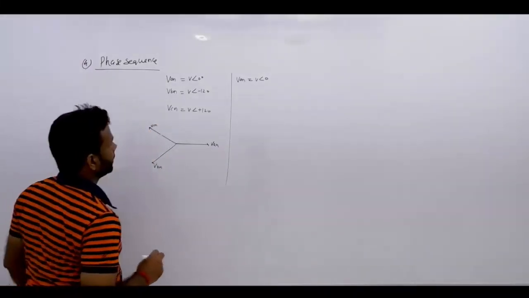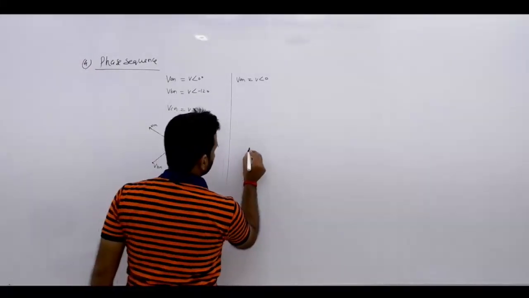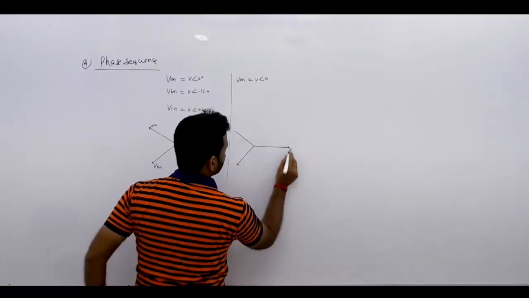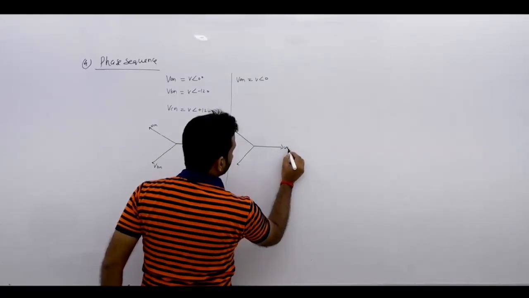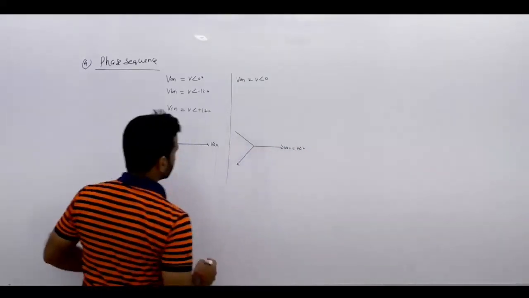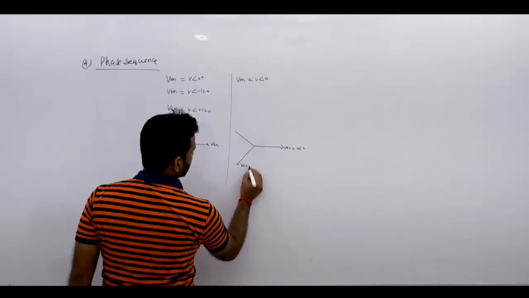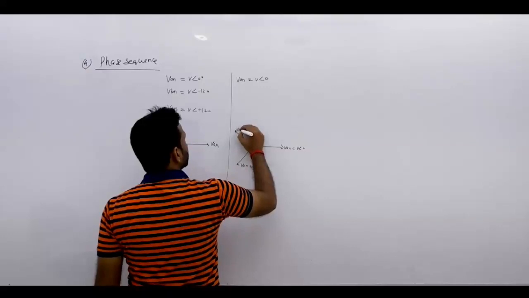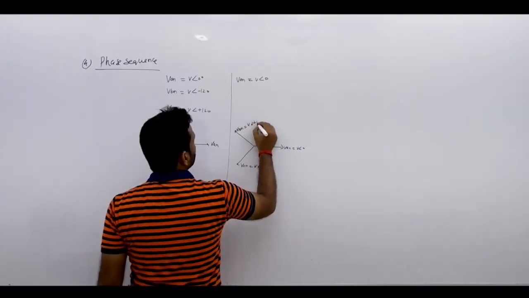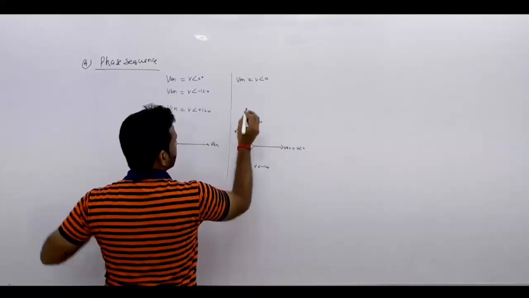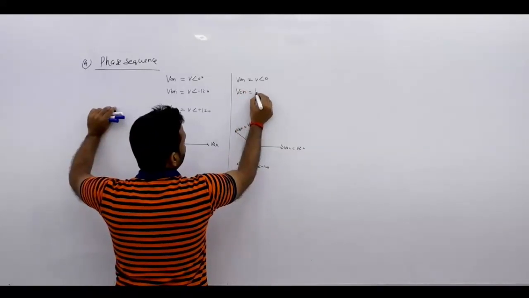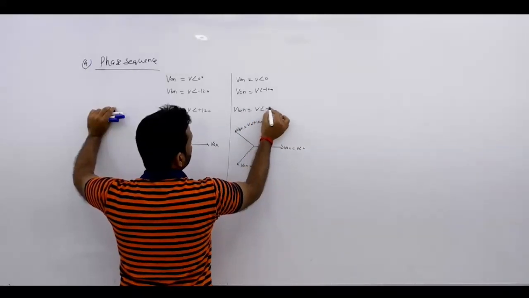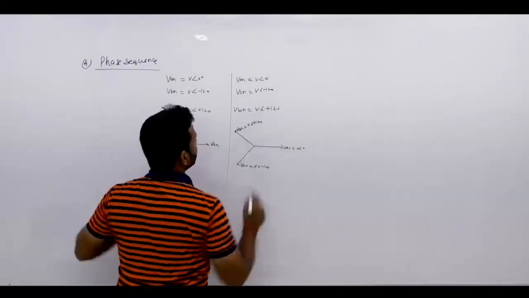Now I will take the concept of these two. VAN equals V angle 0 degree. Now VCN equals V angle minus 120, and VBN is equal to V angle plus 120.